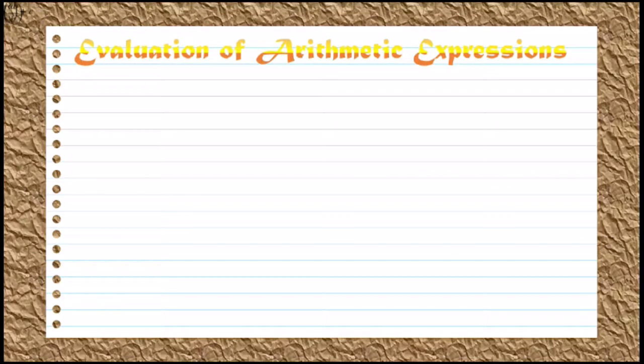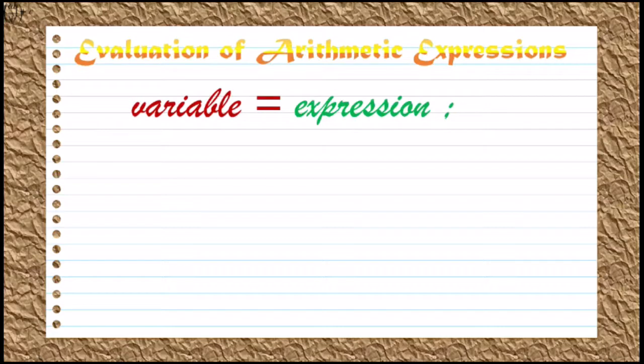Now we will see evaluation of arithmetic expressions. Expressions are evaluated using an assignment statement of the form variable equal to expression, and then a semicolon. Here variable is any valid C variable name, and expression is any valid C expression.